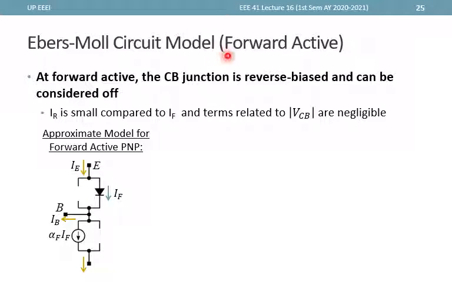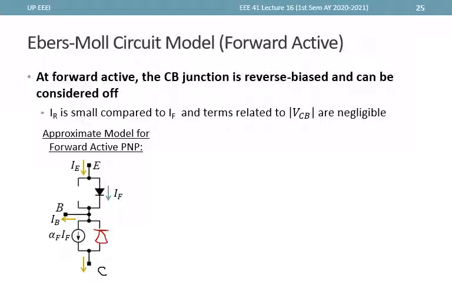If we assume now the forward active case, or approximate for the forward active case, we know that the CB junction must be reverse biased, and if we draw again the diode, the reverse diode for this PNP Ebers-Moll model, since this diode is reverse biased, then we can approximate it as an open circuit.